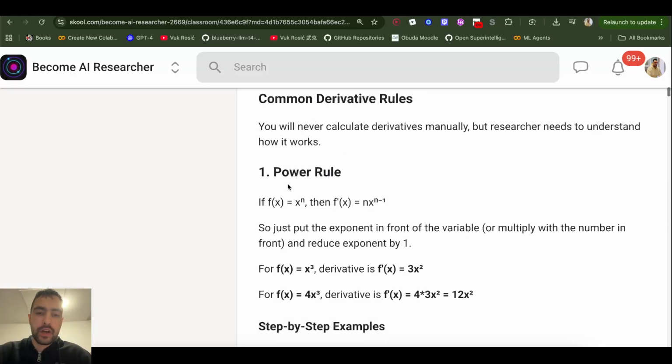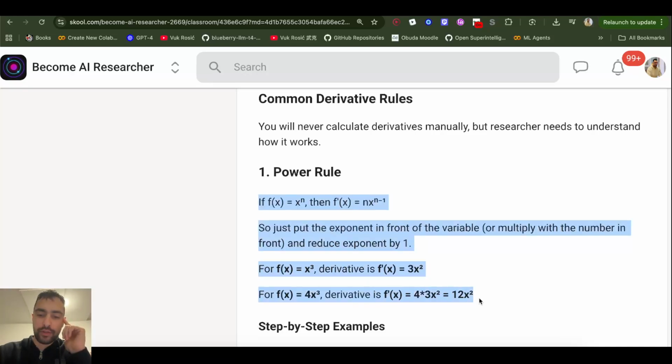So here are some derivation rules. Now you will not manually calculate derivatives like this. You don't need to know these rules in day-to-day life. But this is one of those things when parents advise their young children to learn a foreign language, saying you'll need it in the future. And the child asks, why will I need it? What will I need it for? And the parent doesn't know, because you never know.